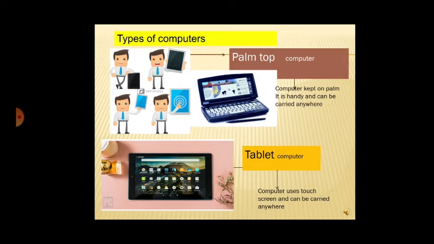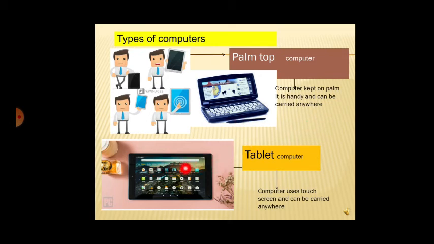Next is the tablet computer. The computer uses a touch screen and can be carried anywhere. So are you finding the difference between the palm top and the tablet? Here this is not a touch screen. There is a keyboard here, and here it is a touch screen. You know what a touch screen is?